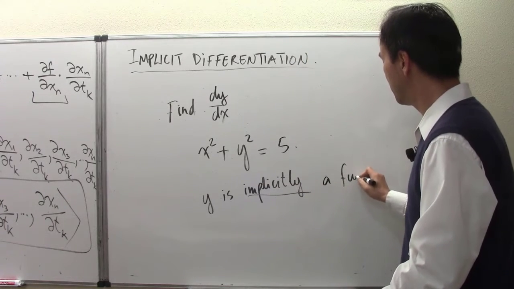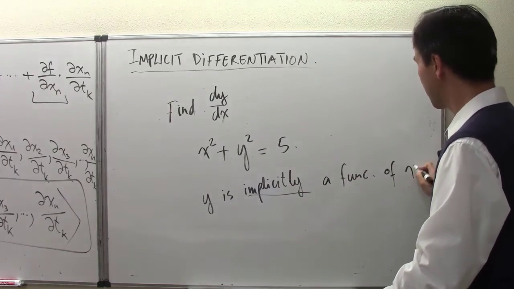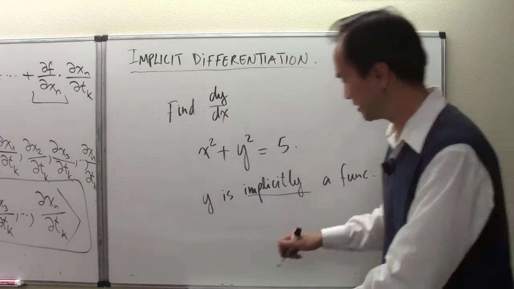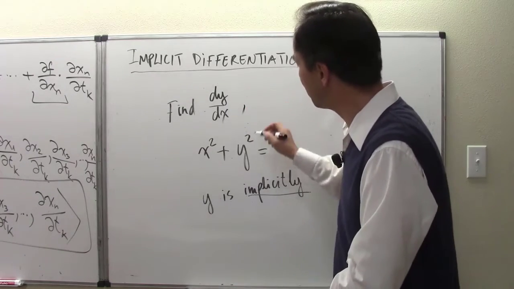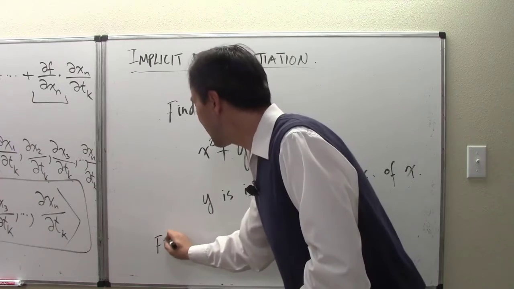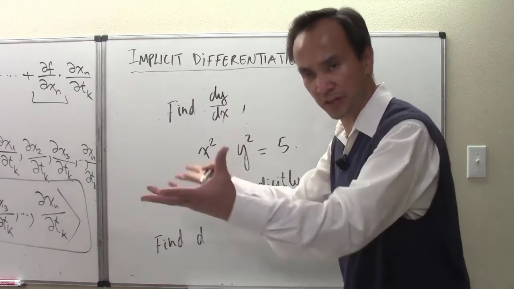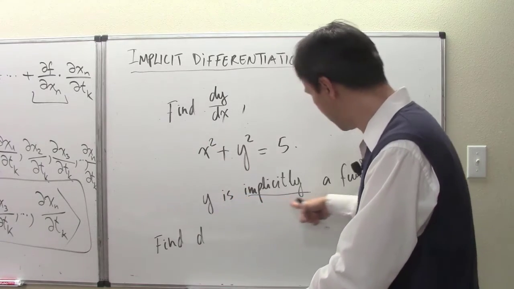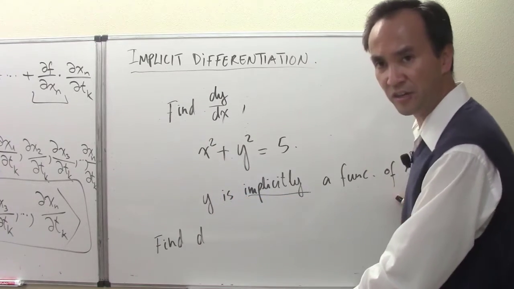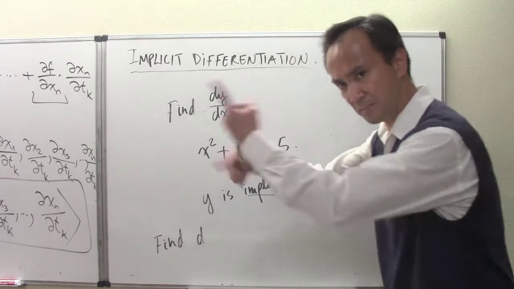as a function of x. And then similarly, if you are asked to find, because it's the same equation, they can switch roles. Y can be implicitly defined as a function of x, but the other way around may also work.